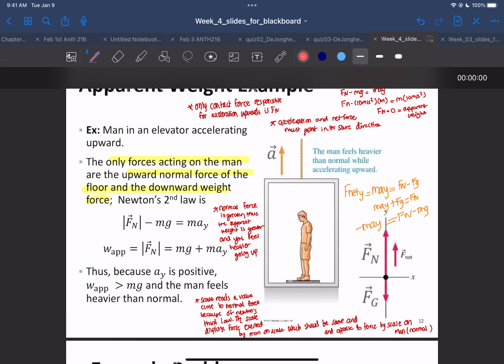If you're moving upwards in an elevator, going from the first floor to the second, third, fourth, you might feel that you're just a little bit heavier, essentially. Now, if you were going down a couple floors, you might feel a little bit lighter. Have you guys ever felt that before?